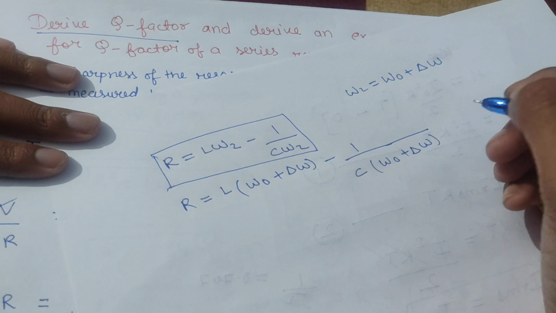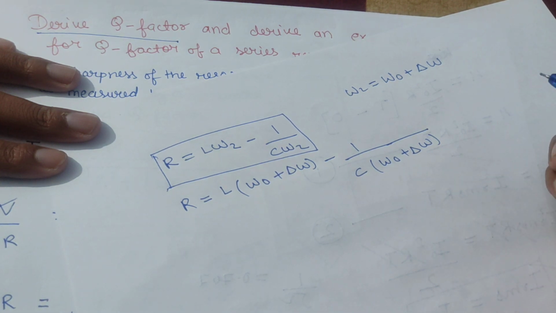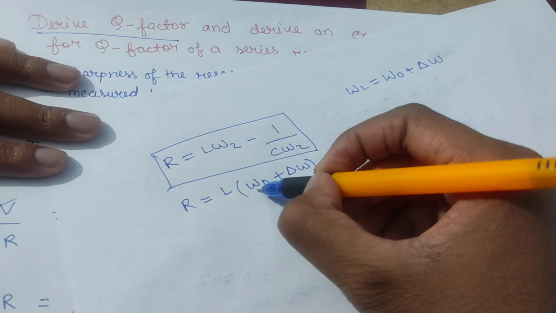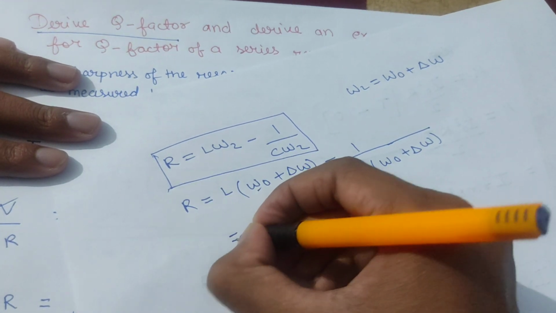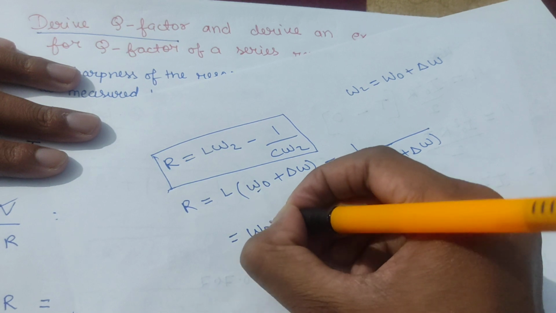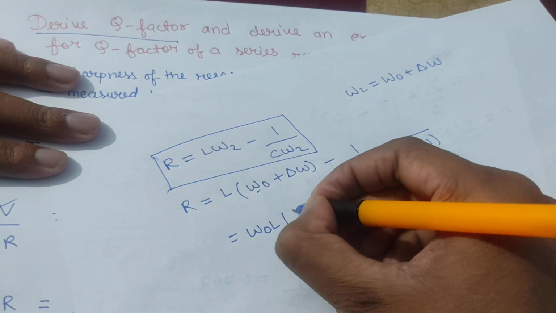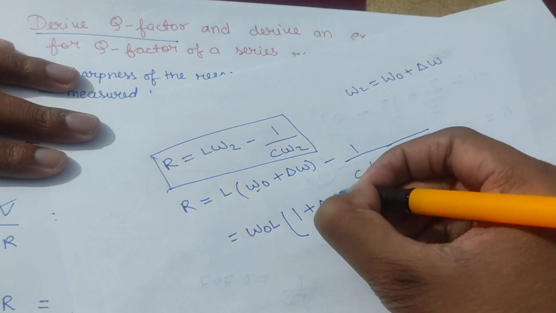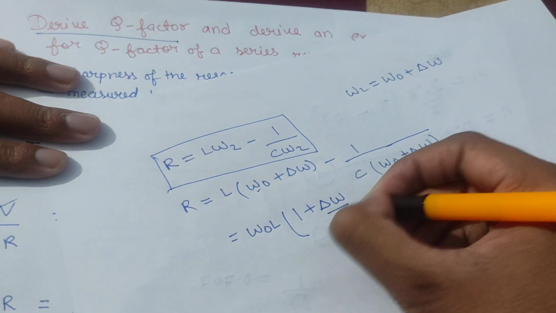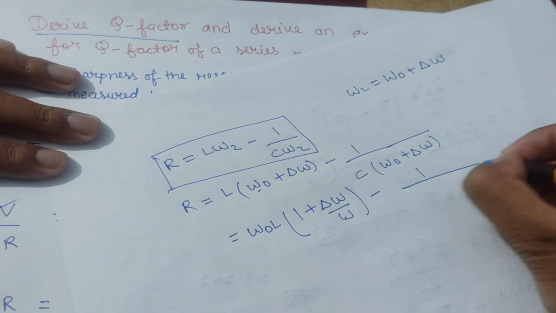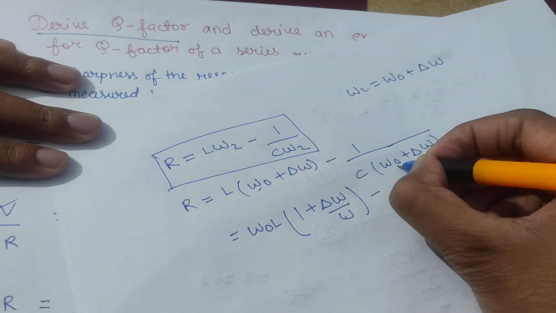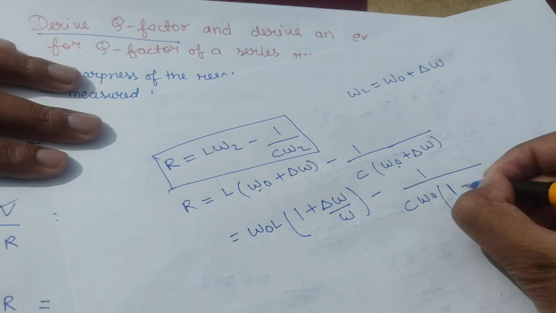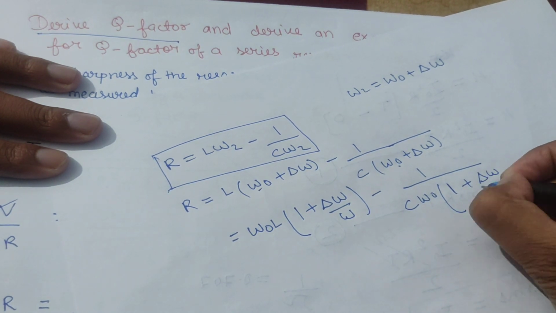So now what we'll do, we'll take common omega naught, okay. When we take common omega naught, then what will happen, here it becomes 1 because we are dividing by omega naught, del omega by omega naught. When we take out common omega naught, here is left 1 plus del omega by omega naught.